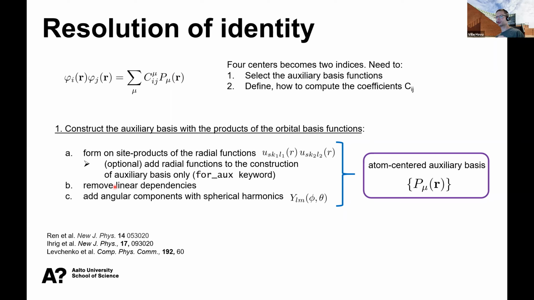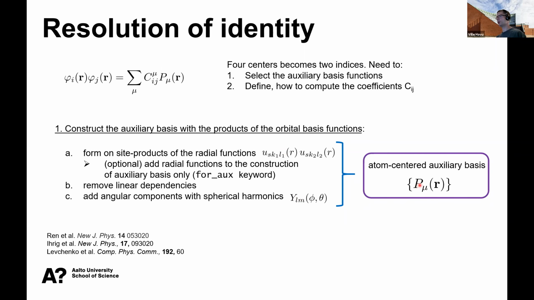Then you have a lot of functions, far too many. You have to remove linear dependencies, but since this is on-site products, that's pretty fast actually. It's not a global operation to remove the linear dependencies. And then, as always, you add angular components with spherical harmonics to a certain order, depending on the orders you start with. There is actually a rule how to choose these.